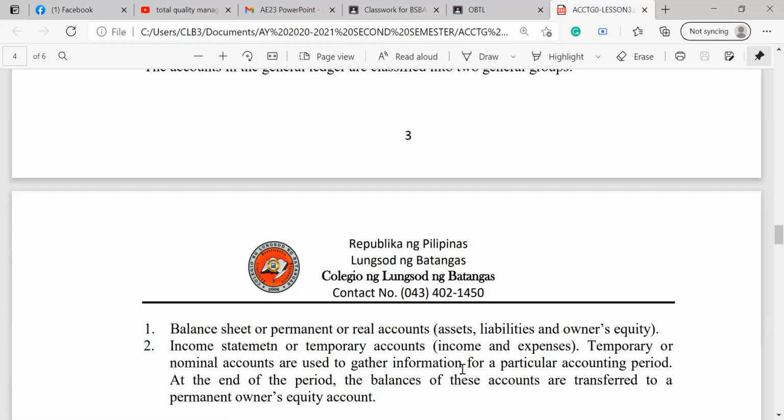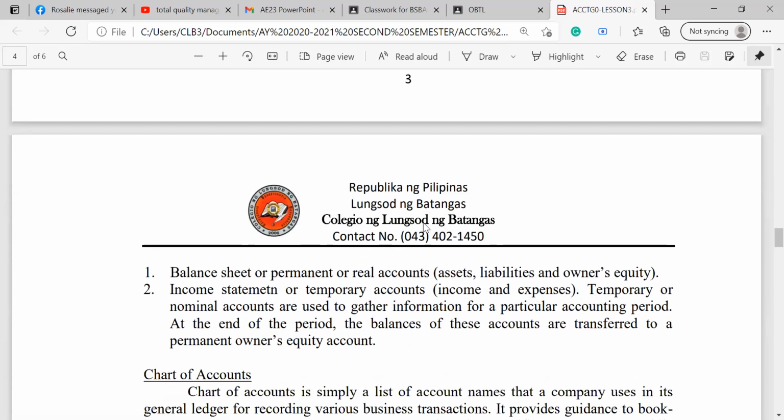Okay? Hindi mo siya ibabalik sa zero. Kasi permanent account sila. So, nadadagdagan, nababawasan lang sila habang dumadagdag yung year. Unlike yung temporary or nominal accounts, pag natapos yung taon, i-zero out mo siya. Well, all of this will be, mas maiintindihan kapag nasa problem na tayo. Okay?